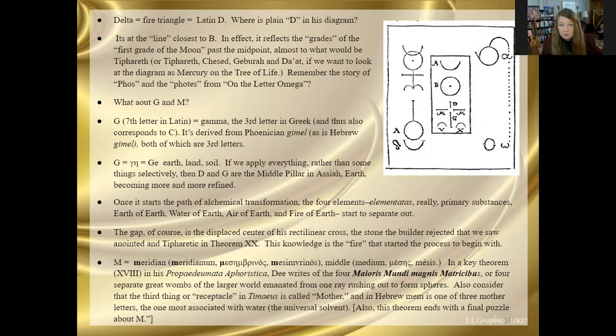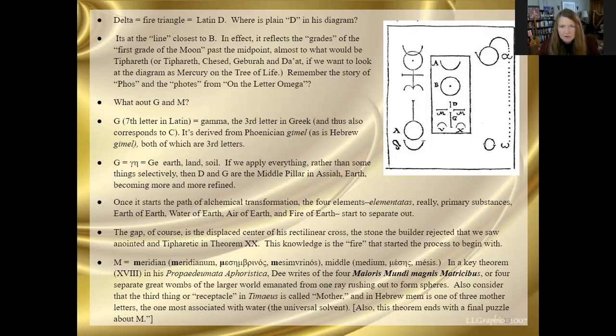And you can equate also what he says there to the four worlds if you want to, but it's a fascinating theorem that people have puzzled over. The way he is using M here, just the way that Zosimos was using it in On the Letter Omega, is in effect he's found words that start with M in Latin and Greek that will correspond there.